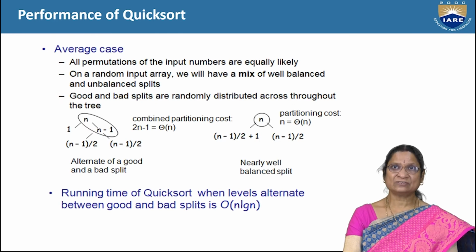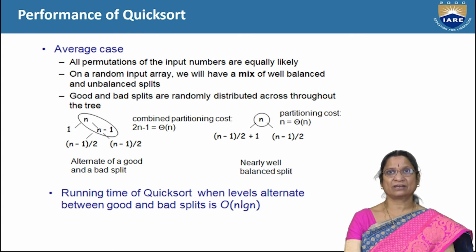So for the performance of quicksort, we have seen the average case, worst case, and best case. The worst case is order of n square, the best case is n log n, and even the average case is also n log n only.